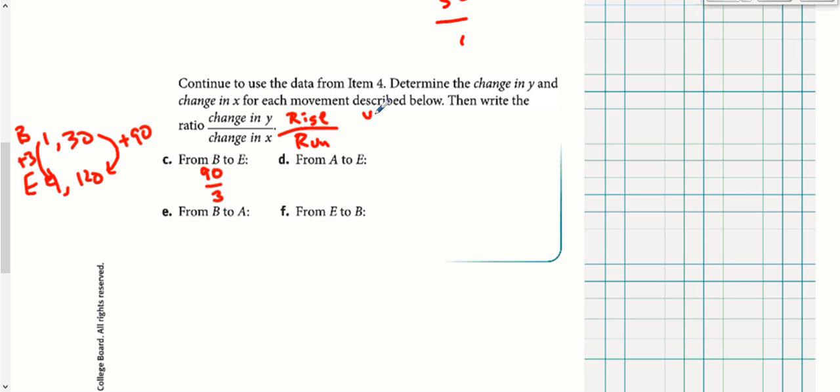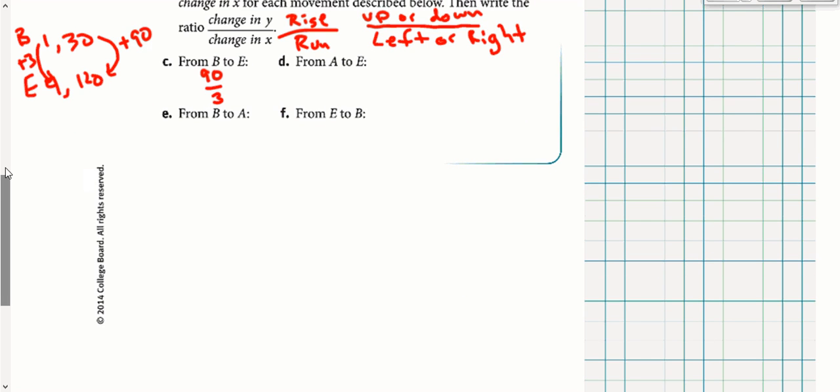So rise is up or down, and run is left or right. That's if you're using the graph. So 90 over 3, and if we simplify that, what do we get? 30 over 1, or 30. So finish out these the same way I just did with B to E.